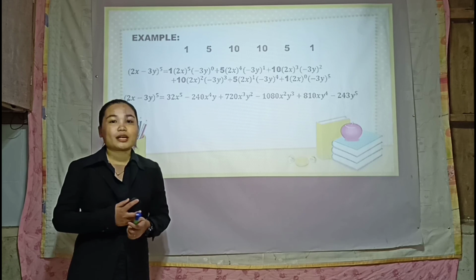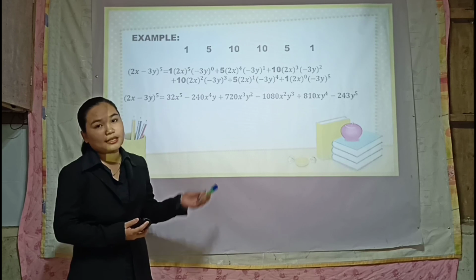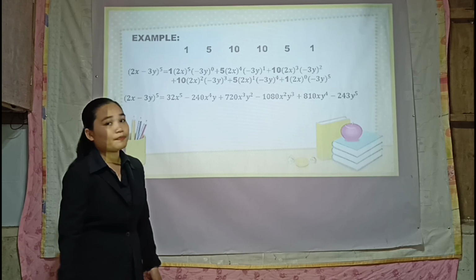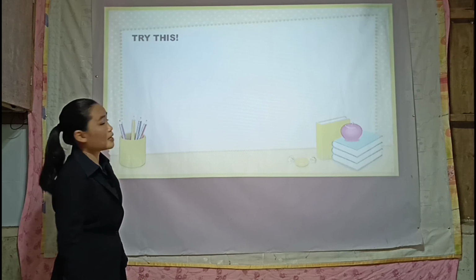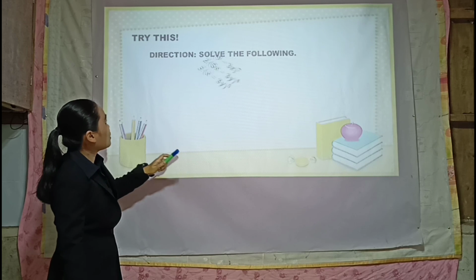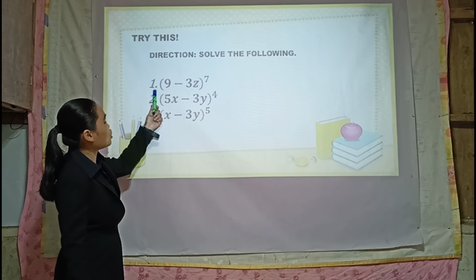Okay, since we are done discussing how to solve the binomial theorem using Pascal's triangle, before I end this video, you need to try this at home. So, solve the following. I give you 3 expressions.